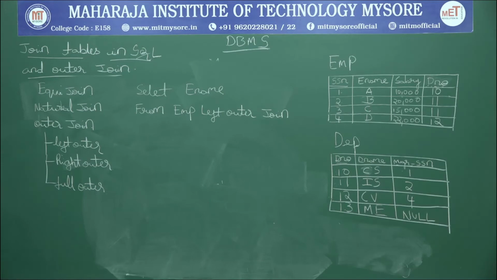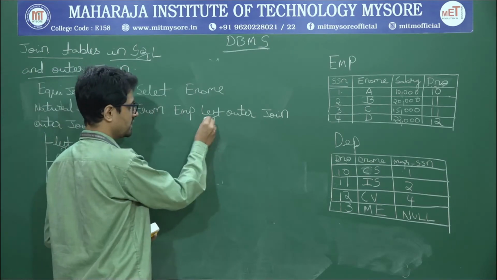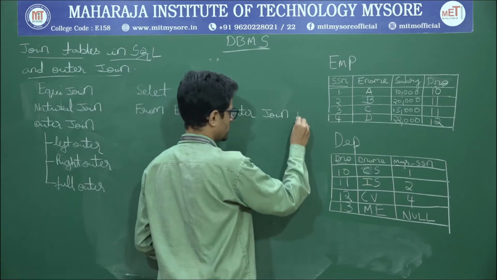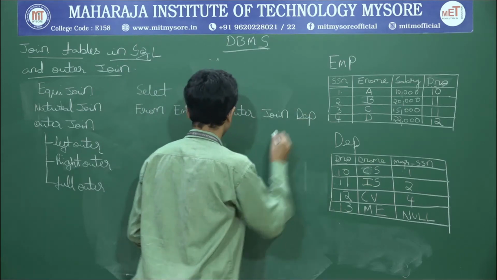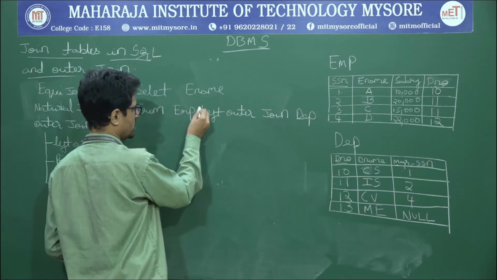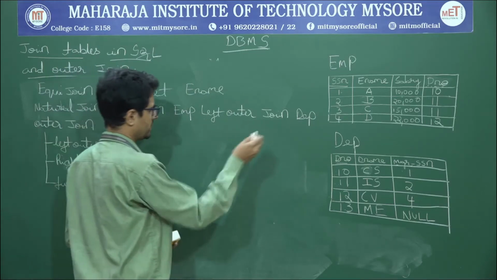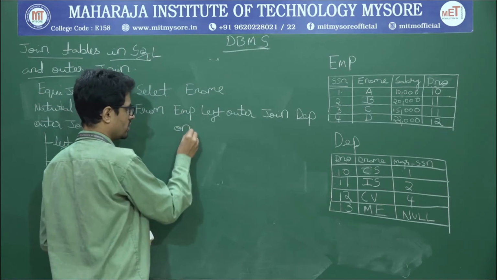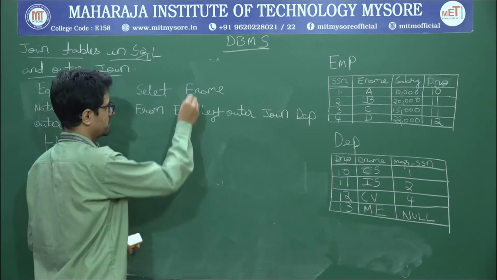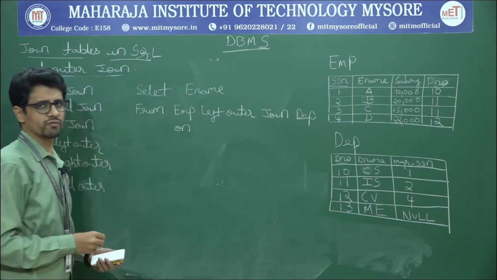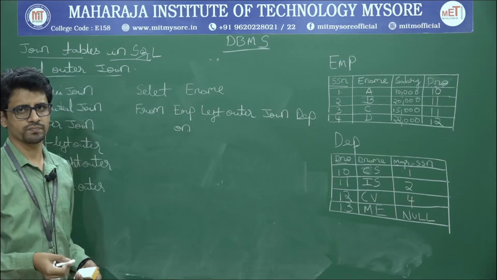If you want, you can create an alias also there. So from EMP left outer join with what table? Department. If you want, you can have aliasing here, employee as E, department as D, then employee left outer join department on what? Now I am expecting, say for example, I want to display the name of employees who are the managers.